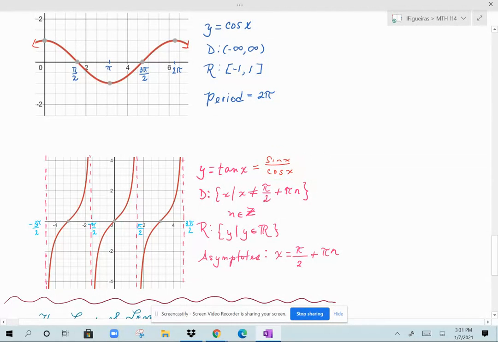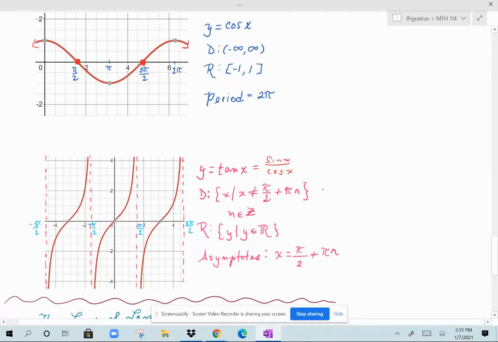So everywhere that cosine is 0, which is, you can see, at pi over 2 and 3 pi over 2, and every pi units to the left and right along the x-axis, or theta axis, I'm calling it x in this case, is going to be a restriction on the domain.